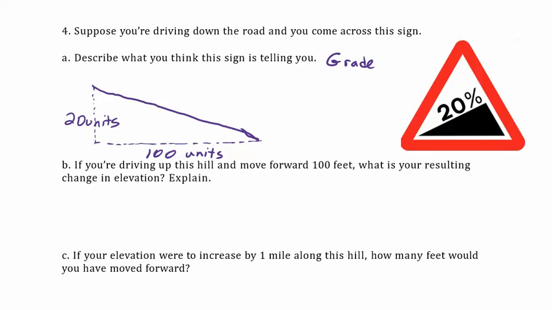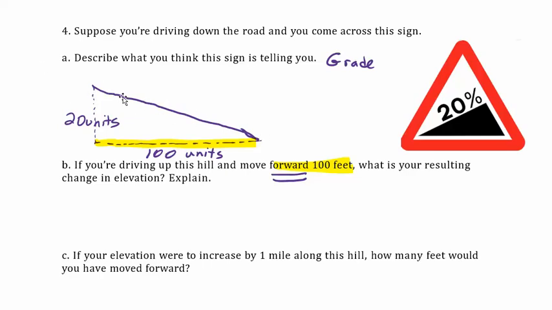So I think we've answered question B here. If you're driving up this hill and move forward 100 feet, when we talk about forward 100 feet, we're really talking about moving this direction 100 feet. Like north, south, east, west 100 feet, not up the grade, because the length of this road right here is not 100 feet.